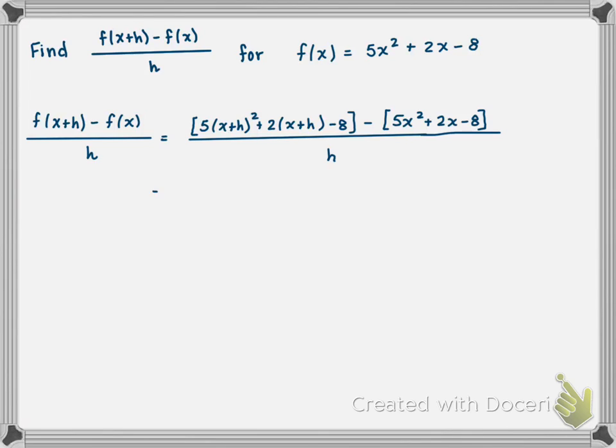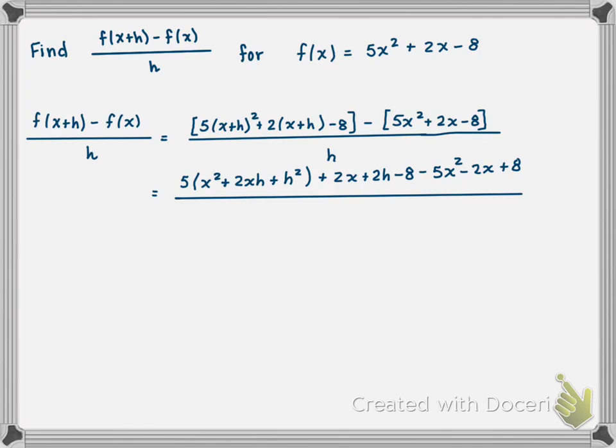So we get 5 times x squared plus 2xh plus h squared. Then we'll distribute the 2 and then distribute the negative. And again, just double check all your signs.